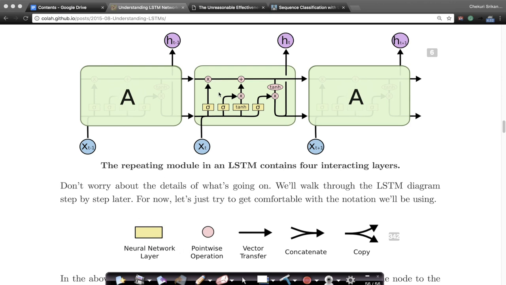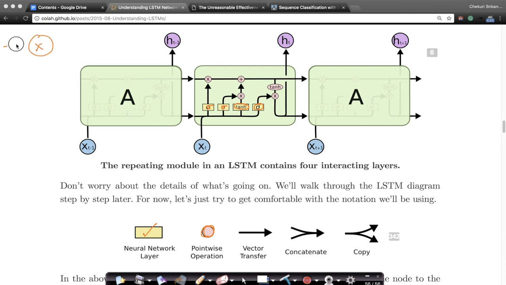Whenever you see a yellow box here, it means a neural network layer, like a sigmoid. This is a sigmoid layer, this is a tanh layer, this is a sigmoid layer. Whenever you see a pink box like this, it means point-wise operation.